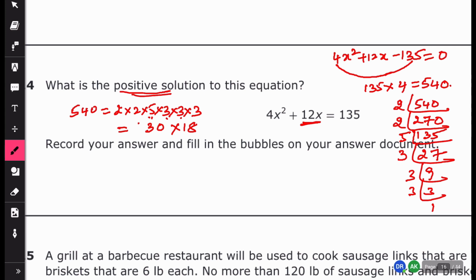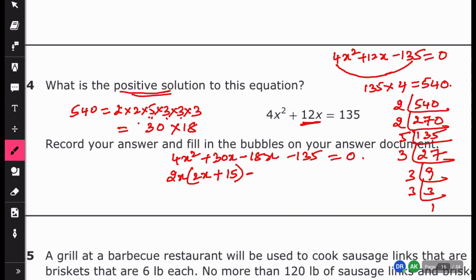So we can write it as 4x square plus 30x minus 18x minus 135 is equal to 0. So what can we take out common from these two? You can take out 2x common from these two. So you'll get 2x plus 15.